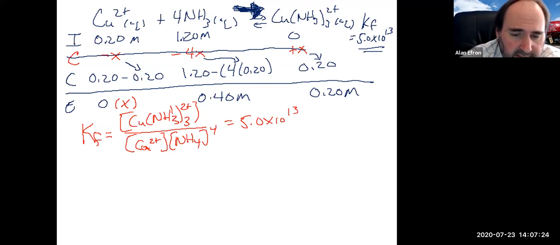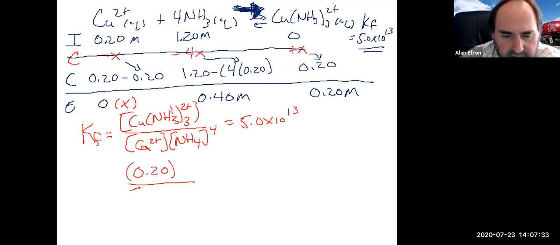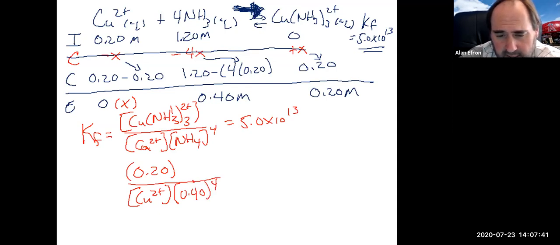So we can substitute in our equilibrium values for everybody. That will give us 0.2 divided by the concentration of copper 2 times our NH3, which is 0.4 to the fourth, equals 5.0 times 10 to the 13th.